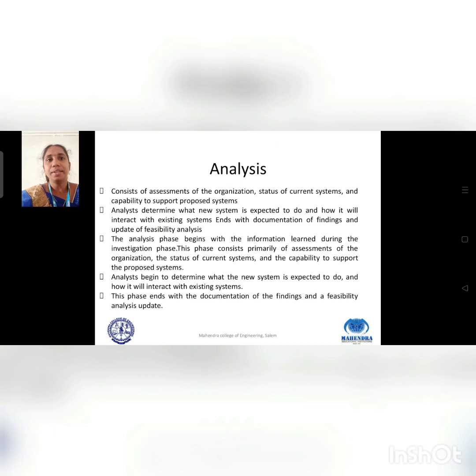The analysis phase begins with the information learned during the investigation phase. This phase consists primarily of assessments of the organization, the status of current systems and the capability to support the proposed systems. This phase ends with the documentation of the findings and a feasibility analysis update.